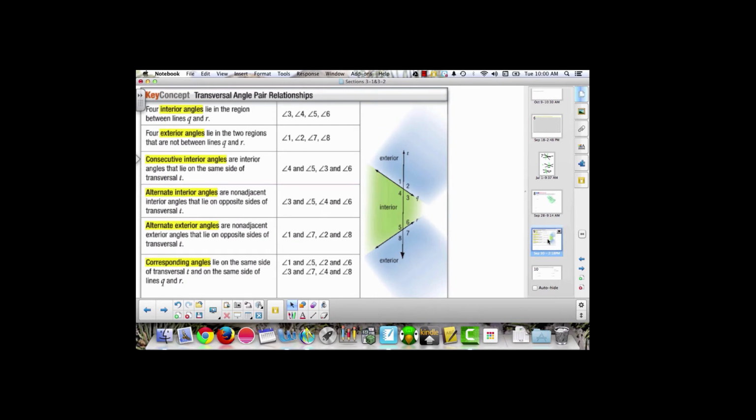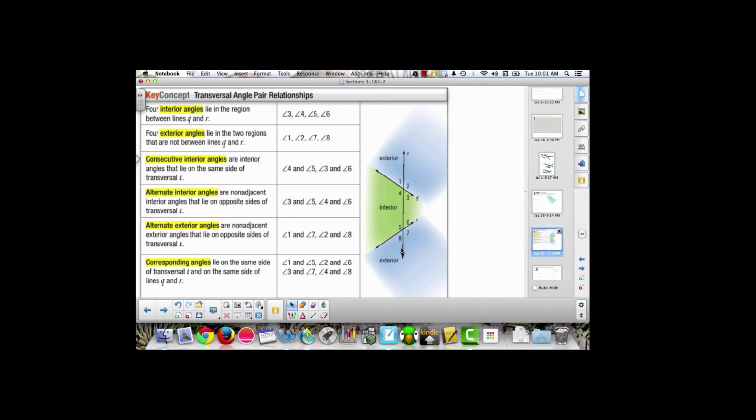When you have two lines and a transversal, you get 8 different angles. Pairs of angles in this picture have certain names. Now remember, the pairs of angles that we're going to talk about here can only exist when you have two lines and a transversal.